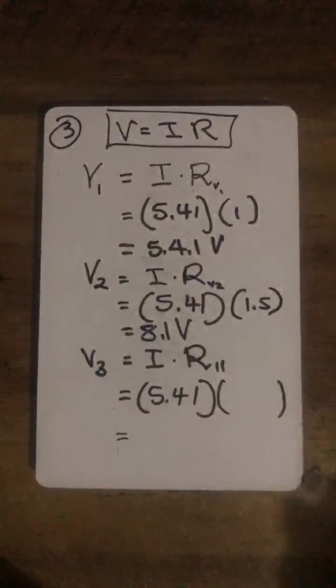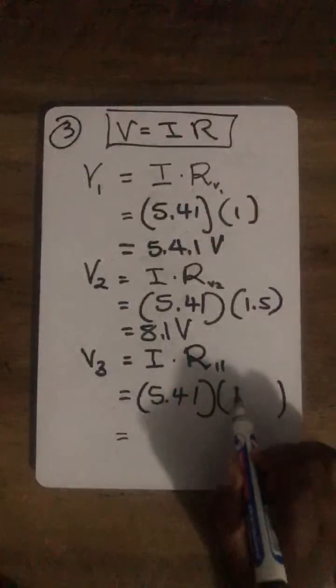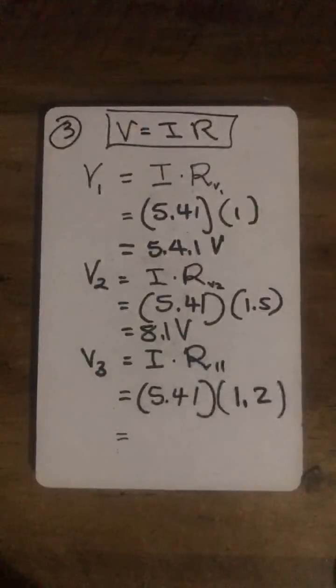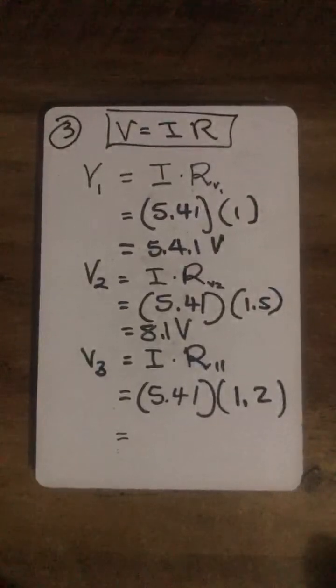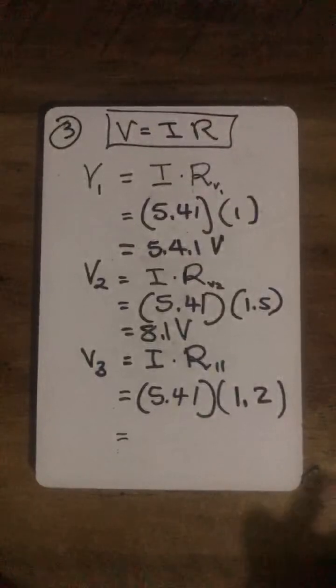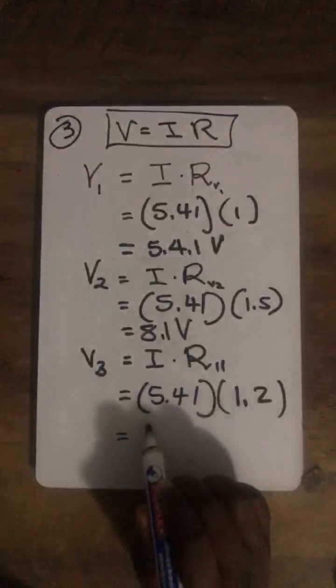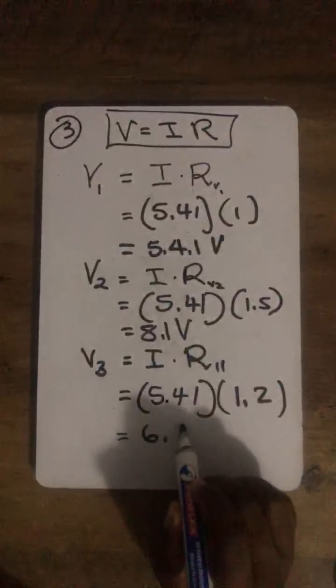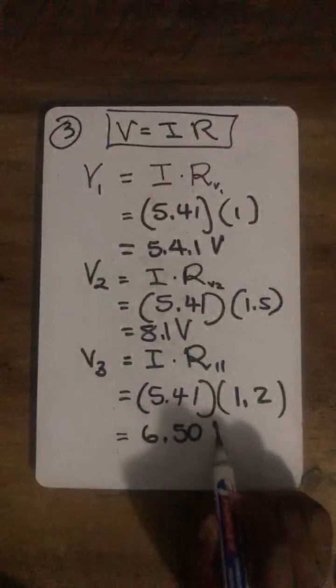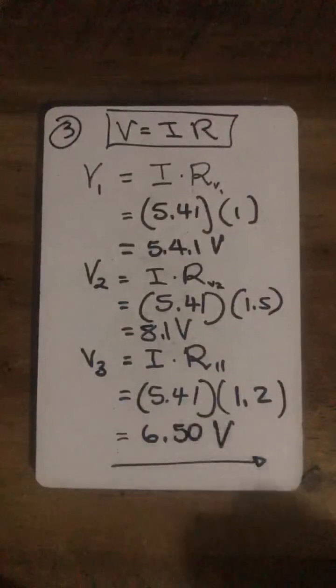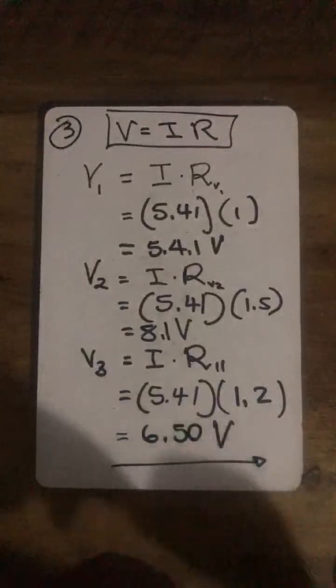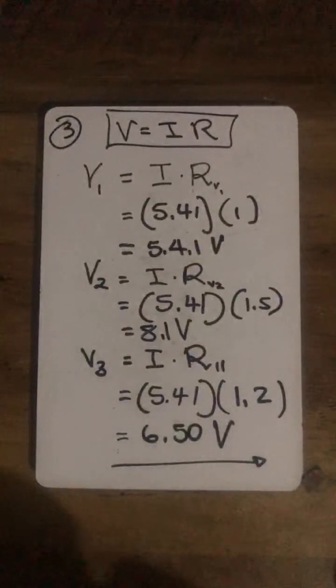You had to say 1/2 plus 1/3, close, to the exponent of -1, and then you get 1.2. When you were calculating your R parallel, it gave you 1.2 that you now multiply by 5.41. Then you get 6.50 volts for that one, rounded off to 2 decimal places.